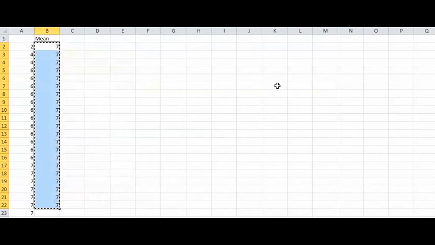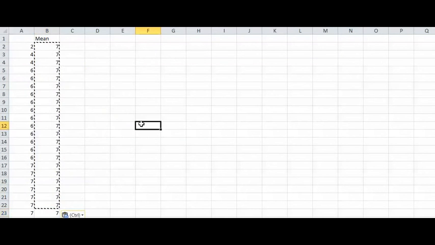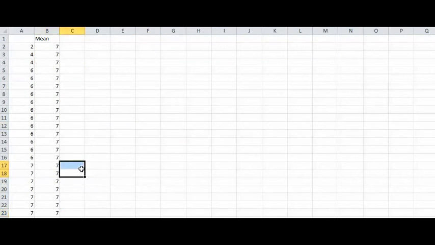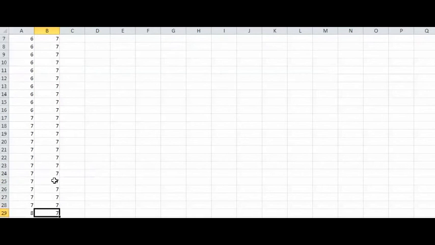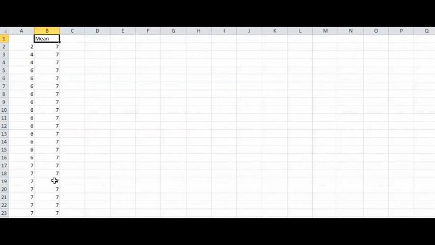I can copy and paste to save some time. First, we have to subtract each value in the population, each sleep time, by the mean of 7.